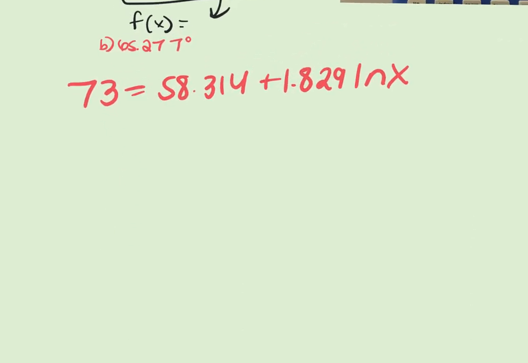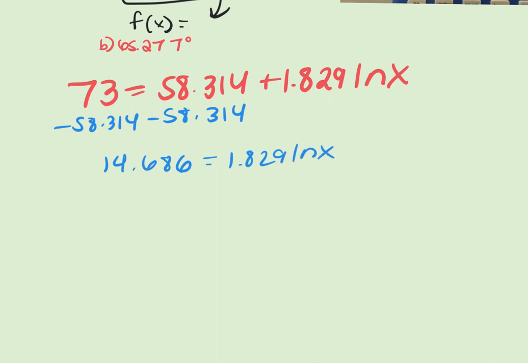How do we solve this? Subtract the 58.314. So 73 minus 58.314, and I get 14.686 equals 1.829 ln of x. Then what? Divide by 1.829.